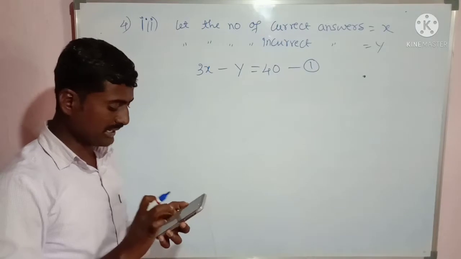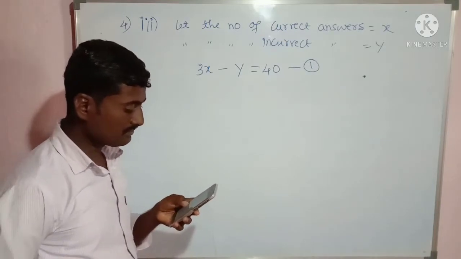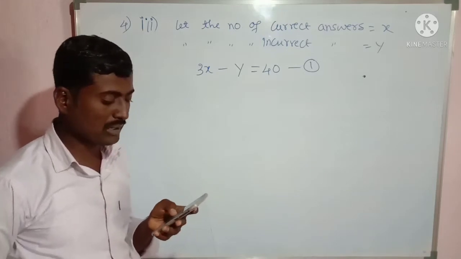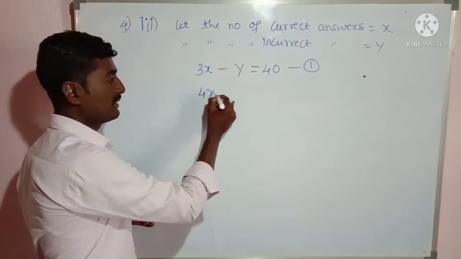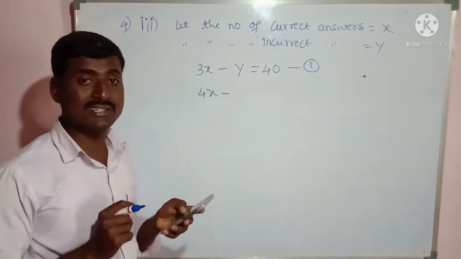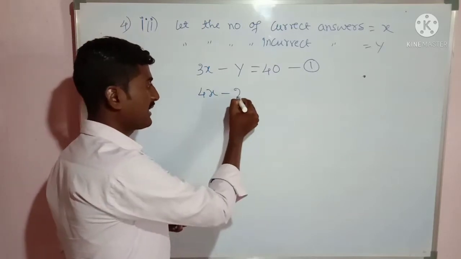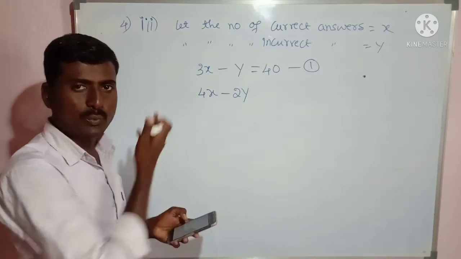Similarly, you come for the second statement. Had 4 marks been awarded for each correct answer, I can write it as 4x minus, again deduction will be there. How many marks deduction? 2 marks deduction for each wrong answer, that I can write as 2y. Here 1 mark deduction, it is 1y, is nothing but y only.